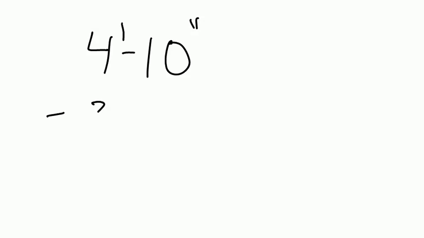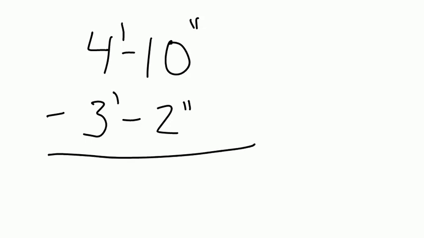So if we take 4 feet 10 inches minus 3 feet 2 inches, if we start with the inches first, we know that 10 minus 2 is 8, and 4 minus 3 is 1. So in this case, our fall off would be 1 foot 8 inches.